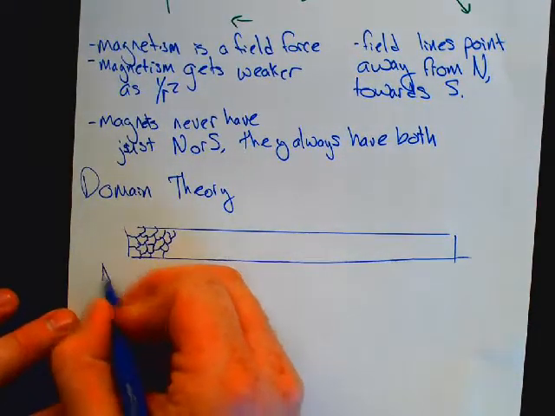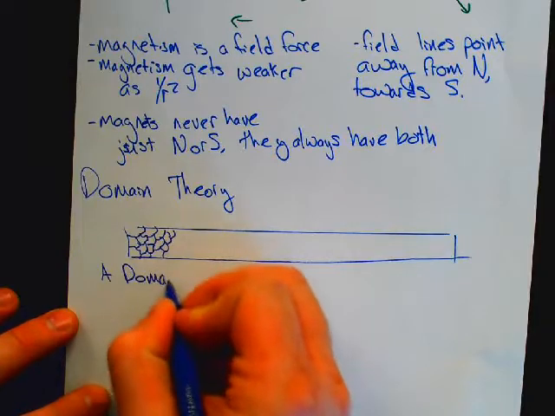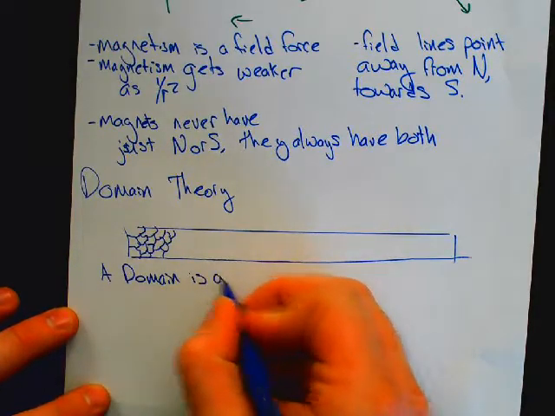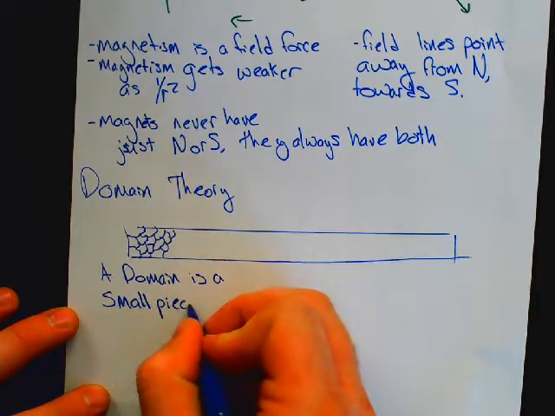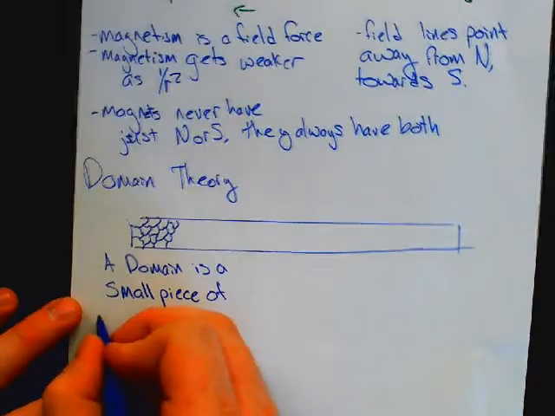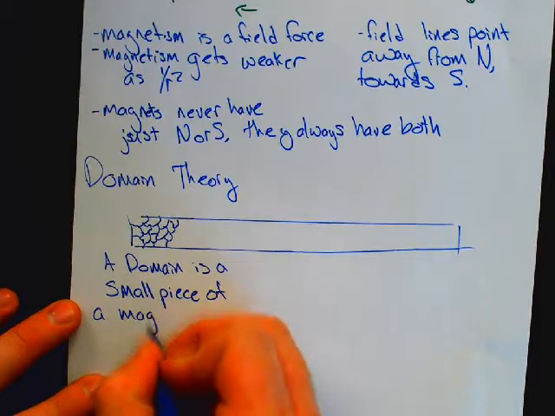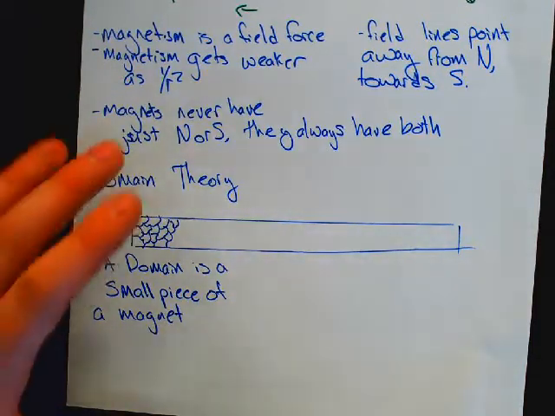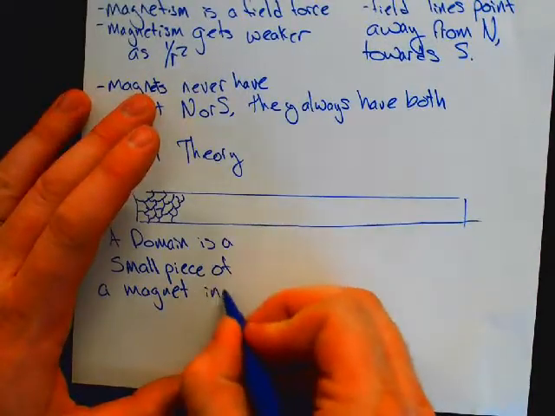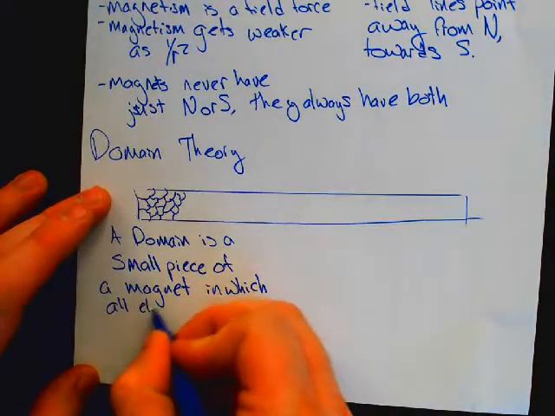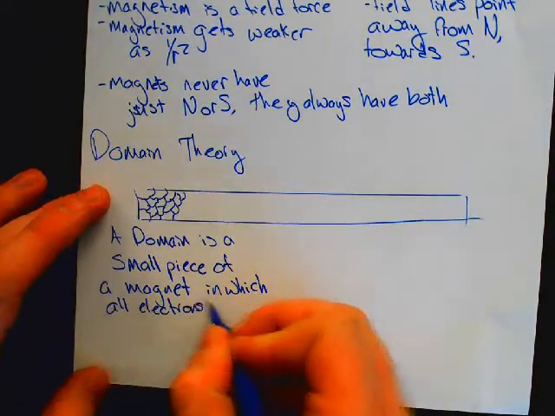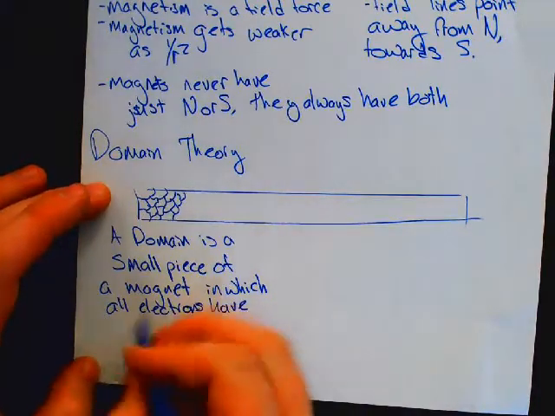So a domain is a small piece of a magnet in which all the electrons have the same spin.